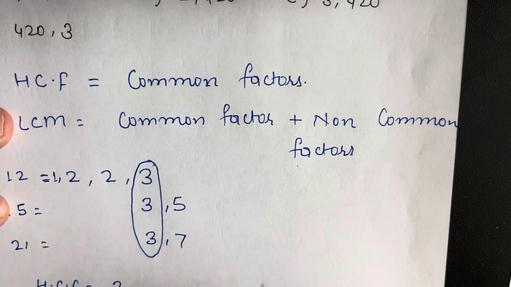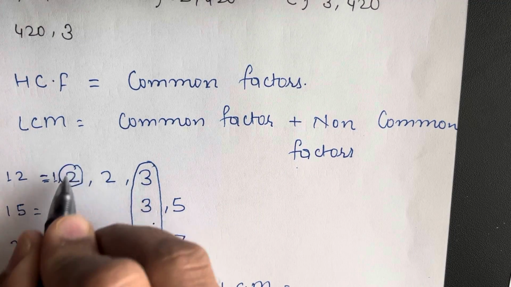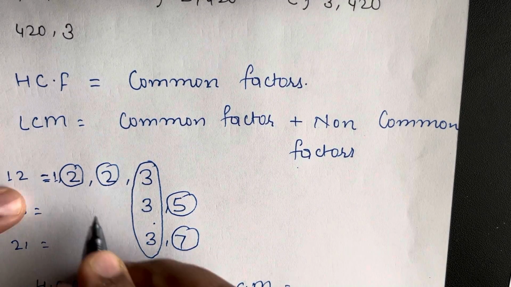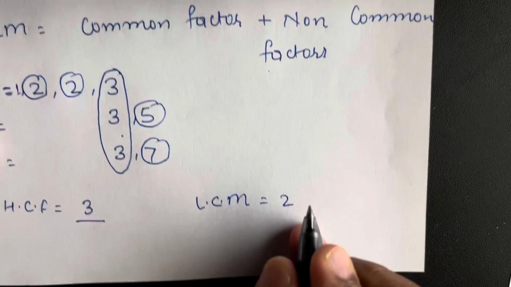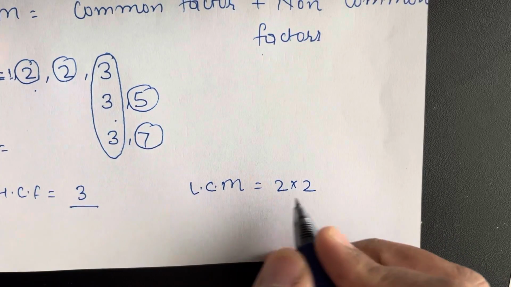Now for LCM, you have to consider the common factors plus the remaining factors of each number. In this case, it will be 2 into 2, which is not in any other number.